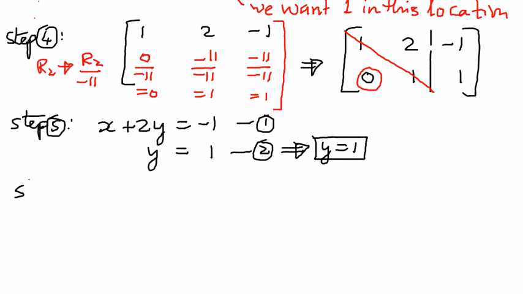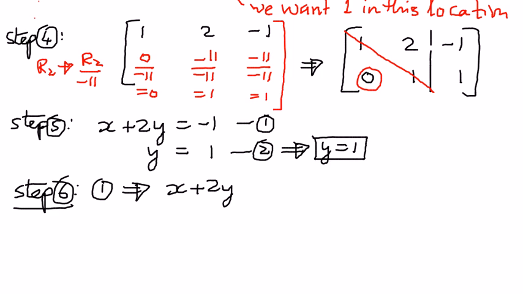In step number 6, we're going to use the back substitution, and then solve for x. So if we take equation 1, which reads x plus 2y is equal to negative 1, and we substitute the value of y as equal to 1, x plus 2 times 1 is equal to negative 1.